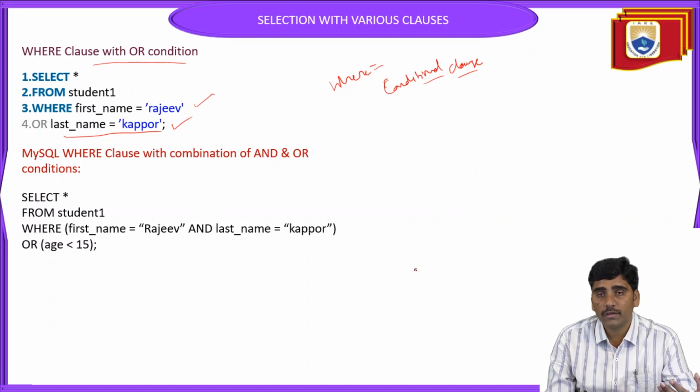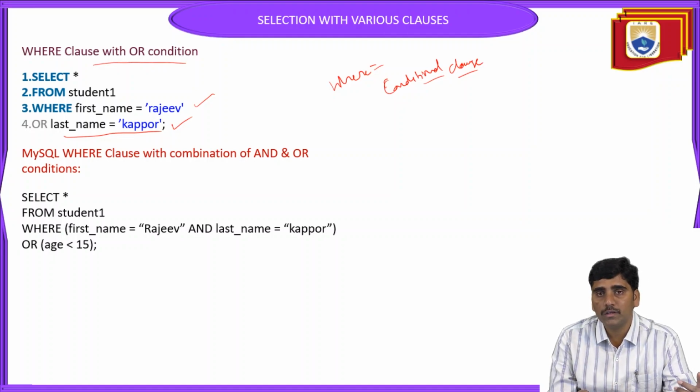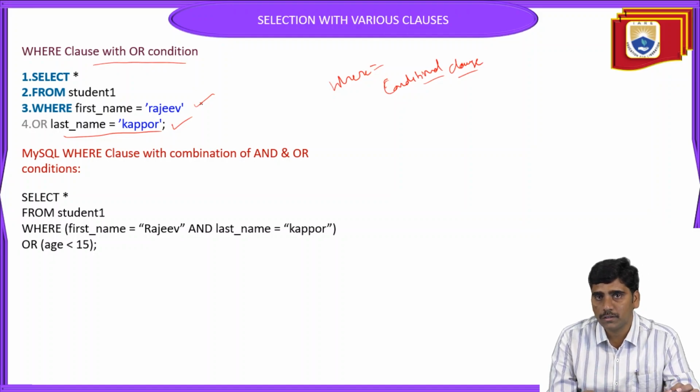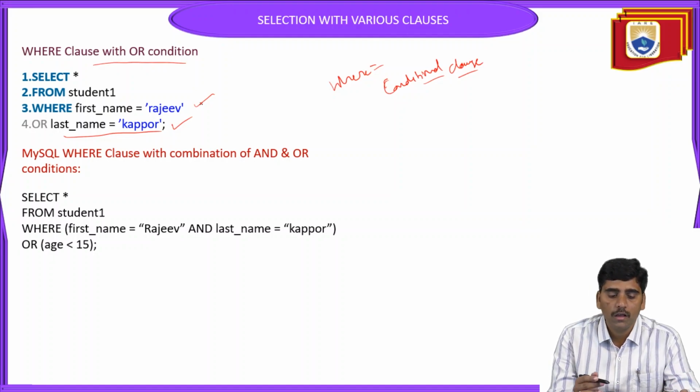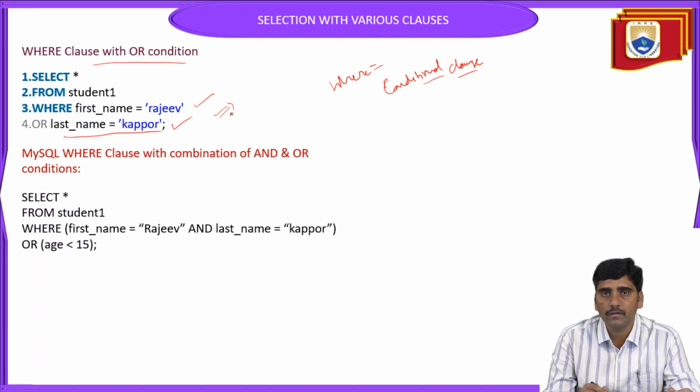Here I am specifying the condition: first name equals Rajiv or last name equals Kapoor. So we need to fetch the records of whoever has the first name equal to Rajiv or last name equal to Kapoor. It displays all the records based on the condition which I provided.